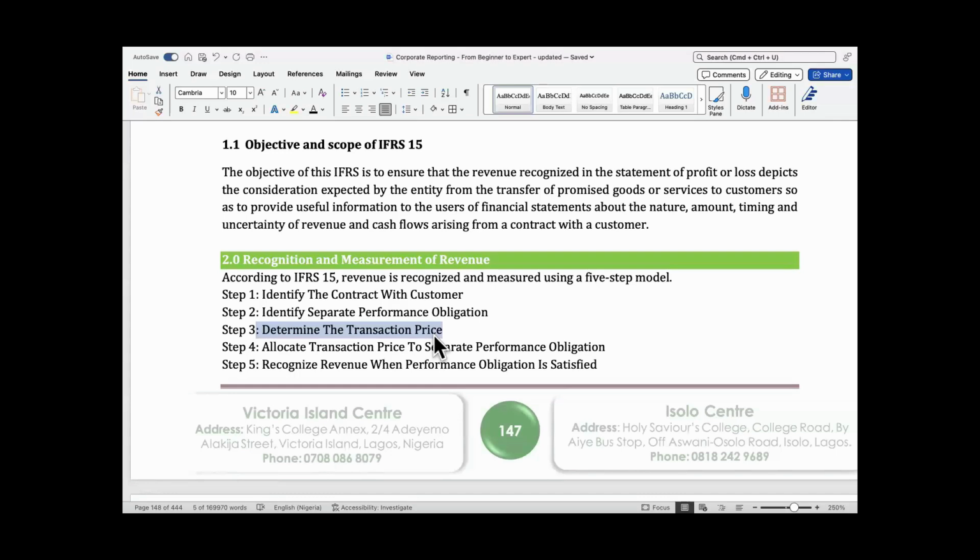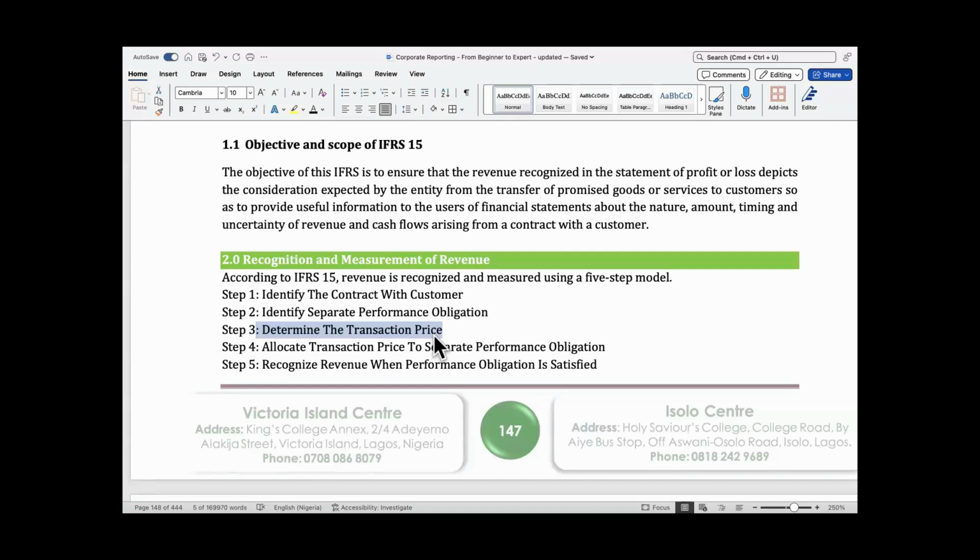When the credit period goes beyond 1 year, we believe that is similar to giving the customer a sort of credit, a loan. So ultimately, if the customer then pays you your money, a portion of that money that you collect must be apportioned to interest income. So you will not put everything as revenue, you will put a portion as interest income.